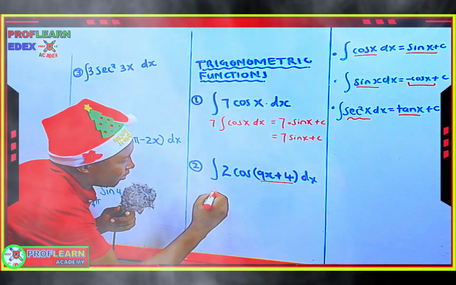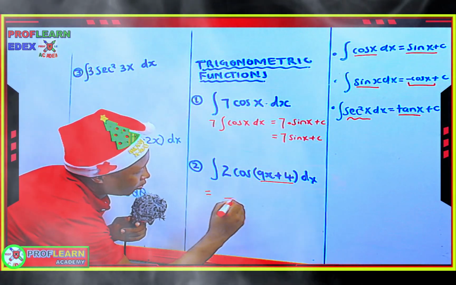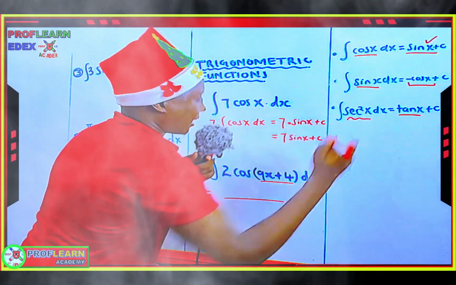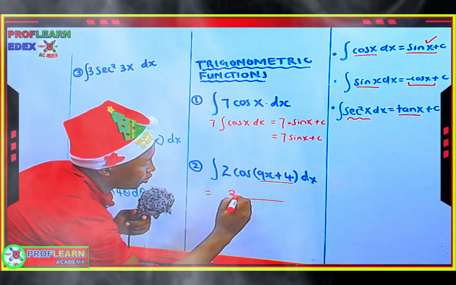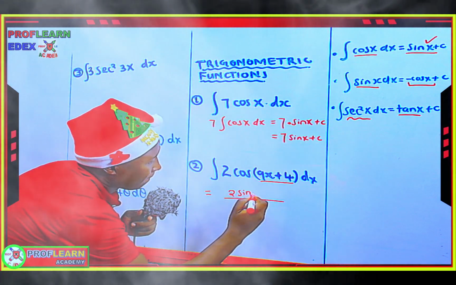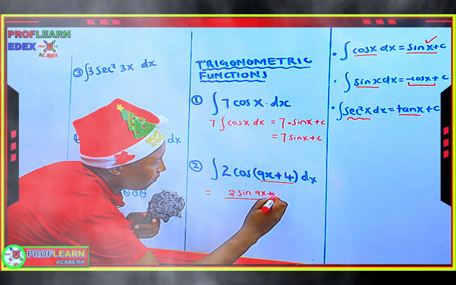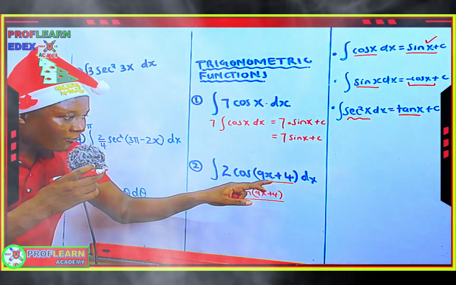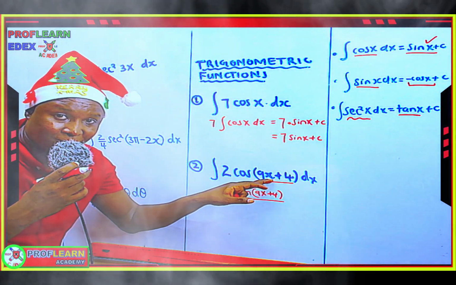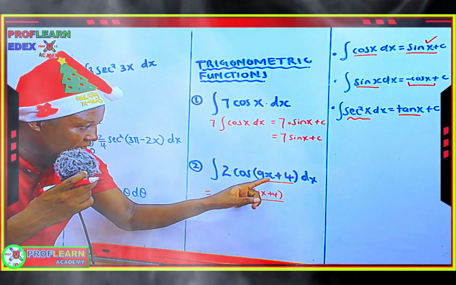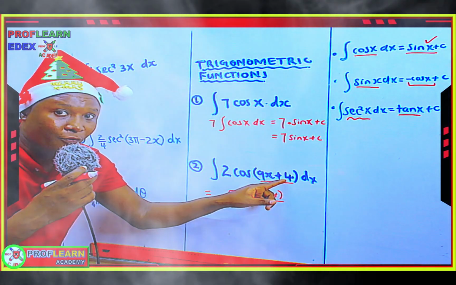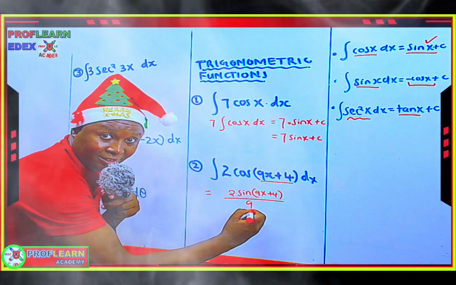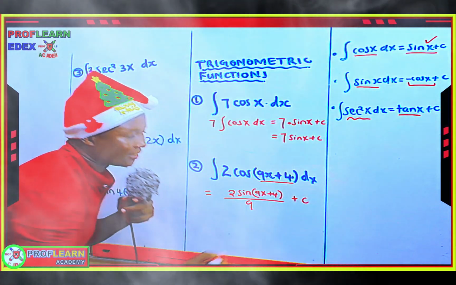So this is going to be 2 sine 9x plus 4. Then once you have written that, you differentiate what is inside the bracket. Differentiating 9x plus 4 is going to give you 9. Then you divide by that, then you say plus c.